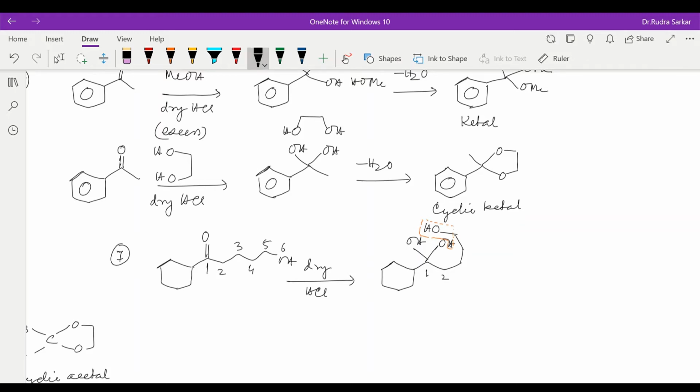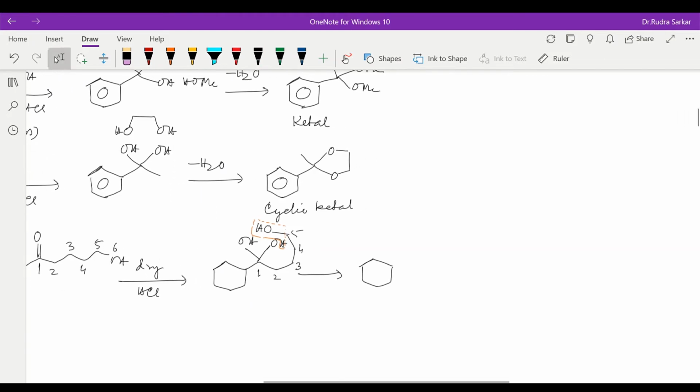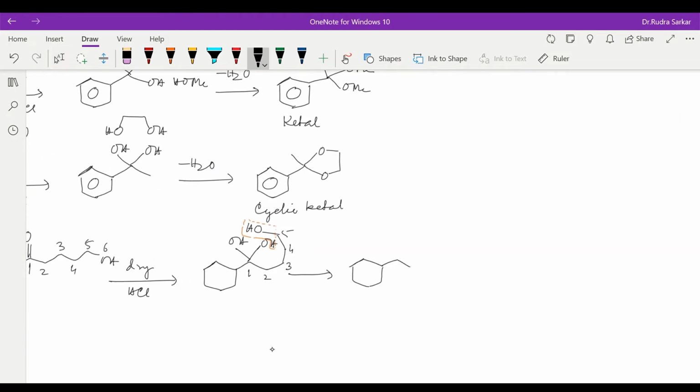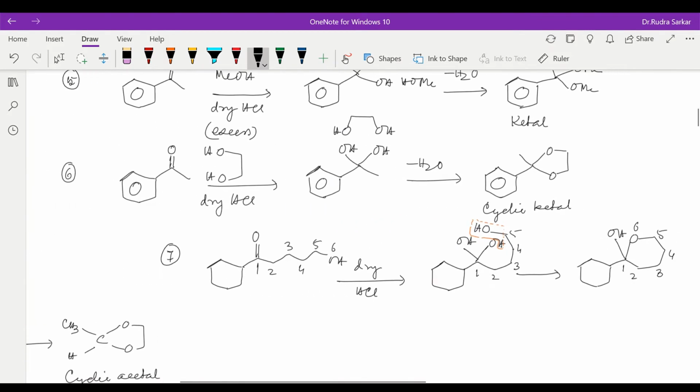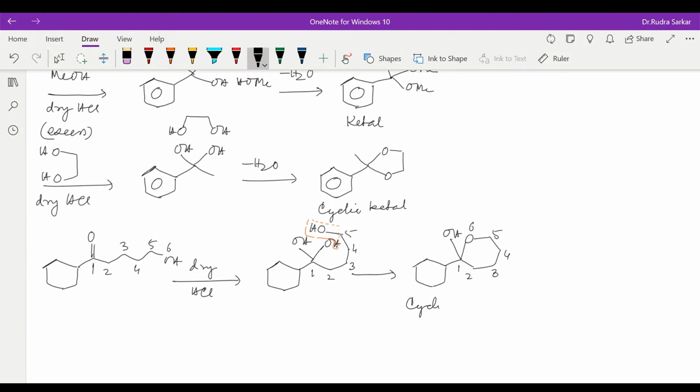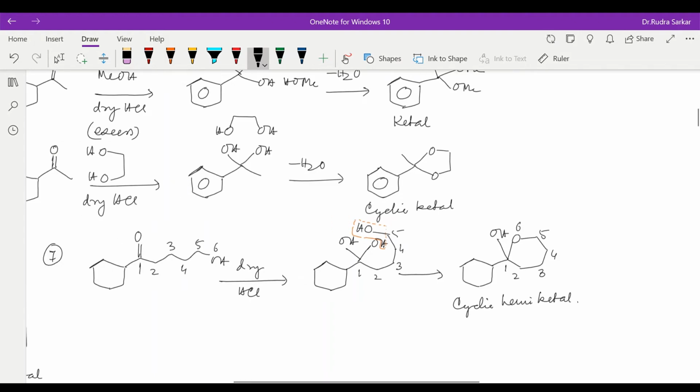And your 3, 4, 5. So numbering helps you to keep the ring count proper. Okay, so you will be getting now an OH which is connected to an O, and this total ring number will be now 6 membered. Okay, so 1, 2, 3, 4, 5. This is your 6th. So technically this is your cyclic hemiketal. Okay.